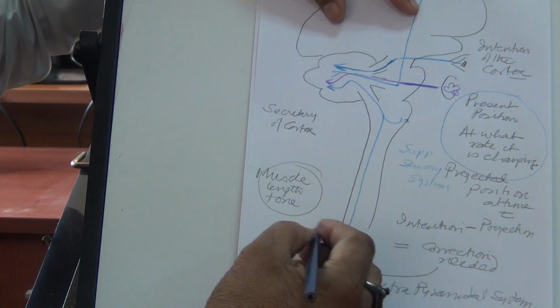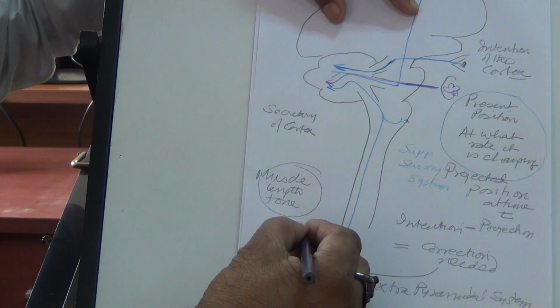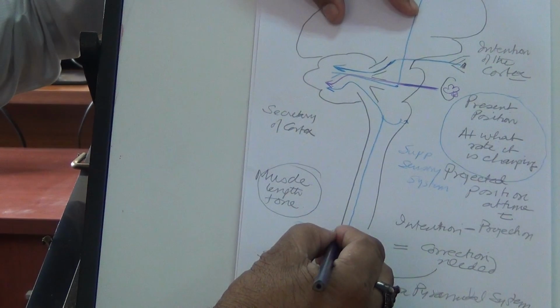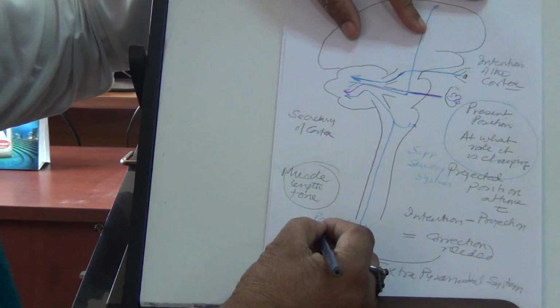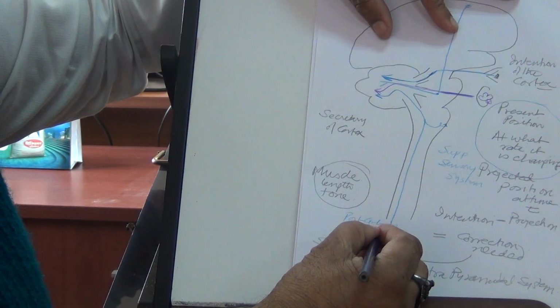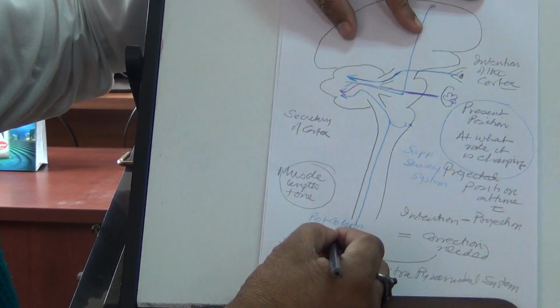So these tracts are called the posterior column. They are also called fasciculus cuneatus and gracilis.